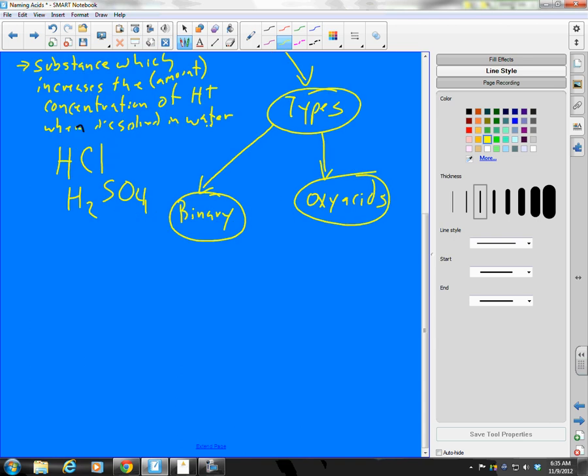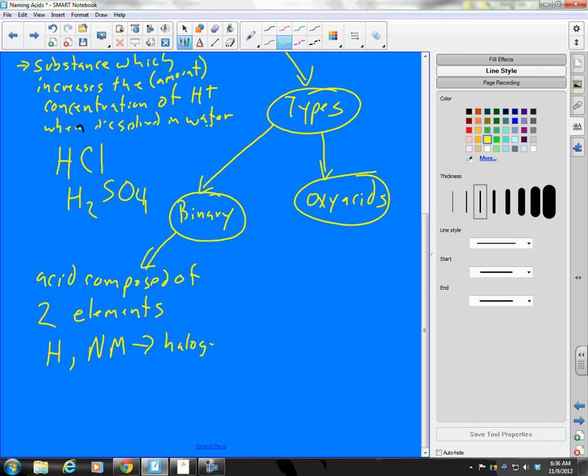A binary Arrhenius acid is an acid composed of only two elements. And here's where I got ahead of myself. Usually that is H and a nonmetal, and most of the time that nonmetal is a halogen. Most binary acids are an H and a halogen, like HCl, HBr, HF. These are all typical binary acids.